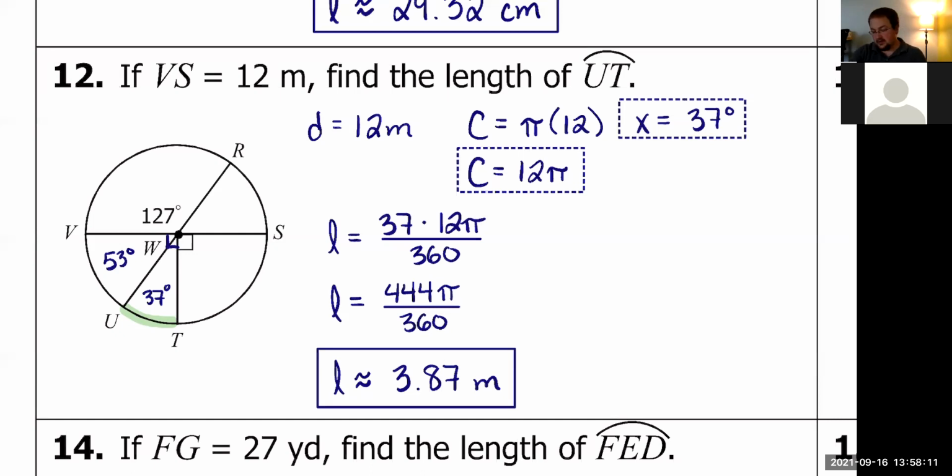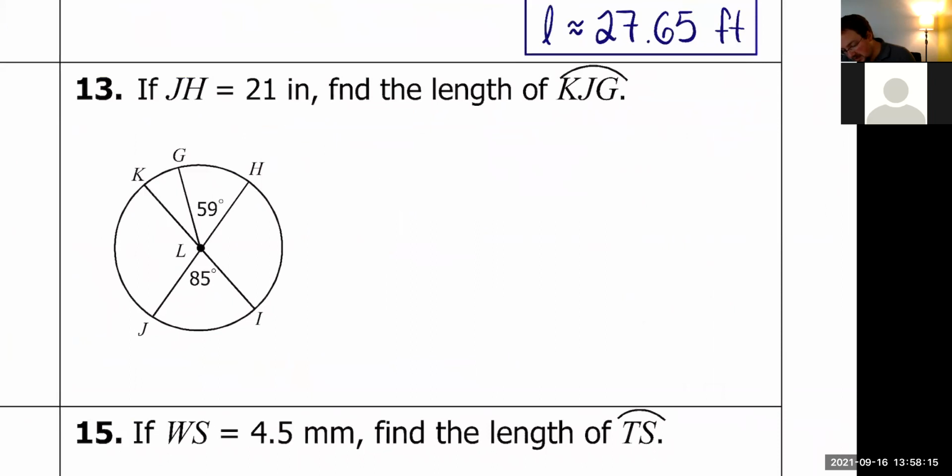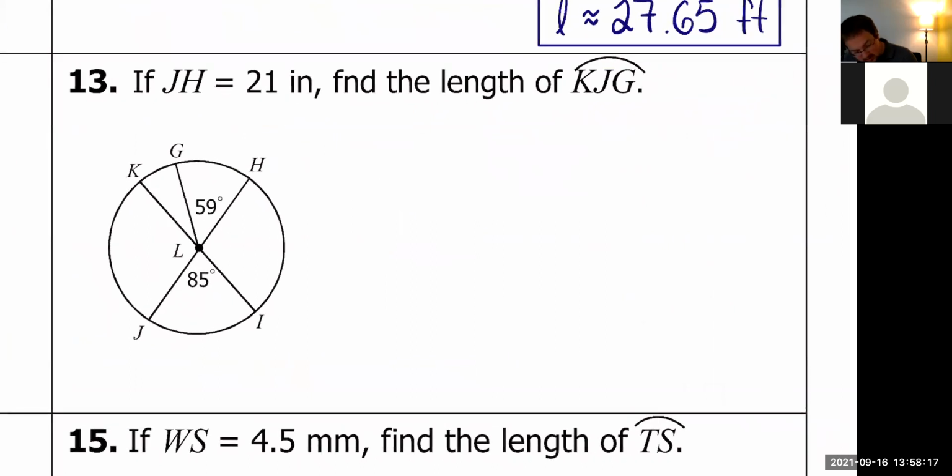Now, because we're here in crunch time, I'm going to quickly give you these other answers if you wanted to kind of try them out on your own. Number 13, you should get approximately a length of 61.21 inches.